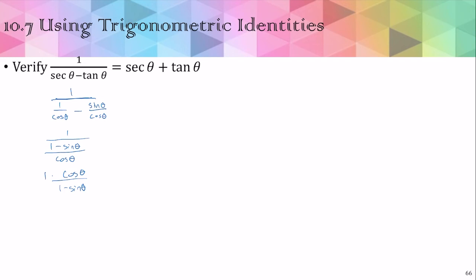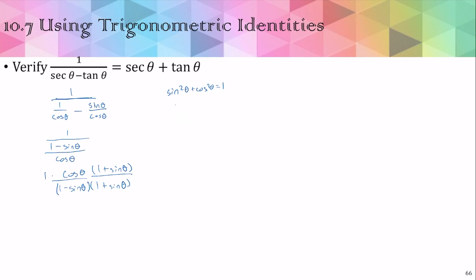And then I really need to get rid of a denominator. So I'm going to use the fact that cosine and sine are related with the Pythagorean identity. So I'm going to multiply the top and bottom by 1 plus sine. And that'll get me sine squared, because I'm going to use sine squared plus cosine squared equals 1.